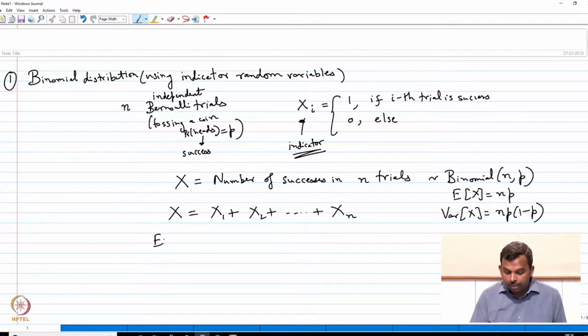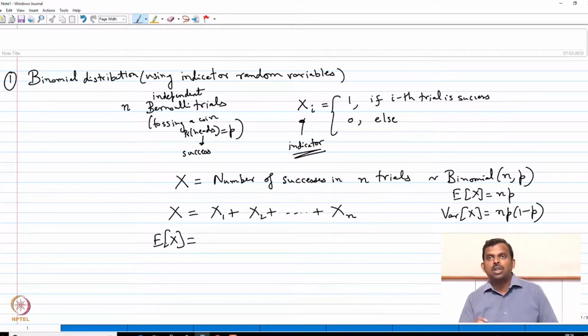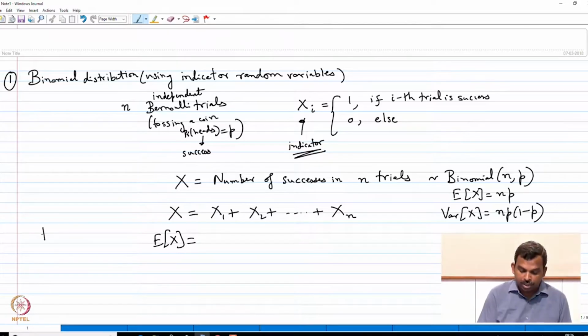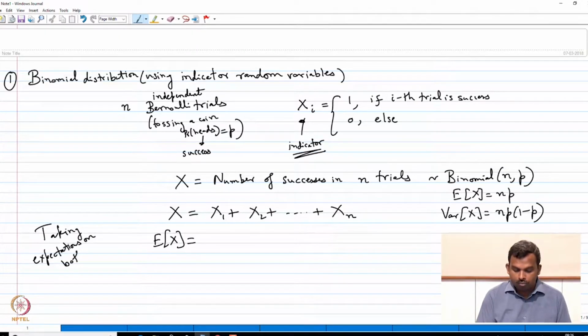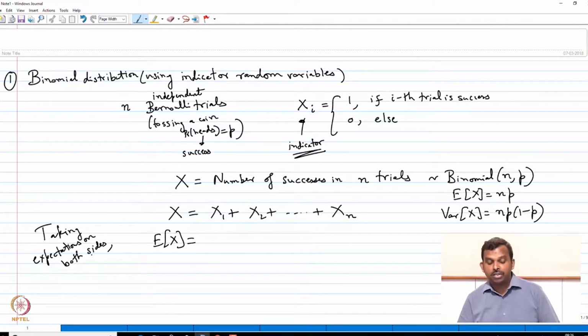If you want the expected value of X, you can think of expectation as some sort of operator. I have an equation involving random variables, so I can take expectations on both sides. You can see the expected value of X is written as the expected value of X1 plus X2 plus Xn.